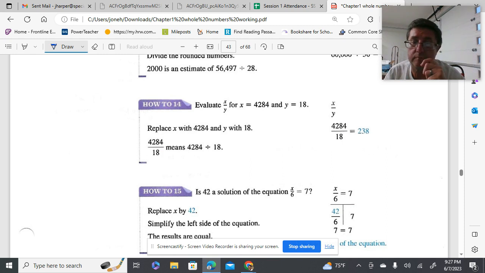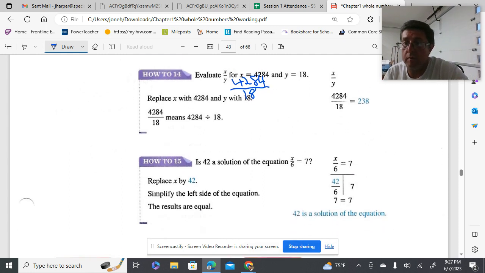So, evaluate x divided by y for x equals 4,284 and y equals 18. So you would just do 4,284 divided by 18. What would you get? You'd get 238.